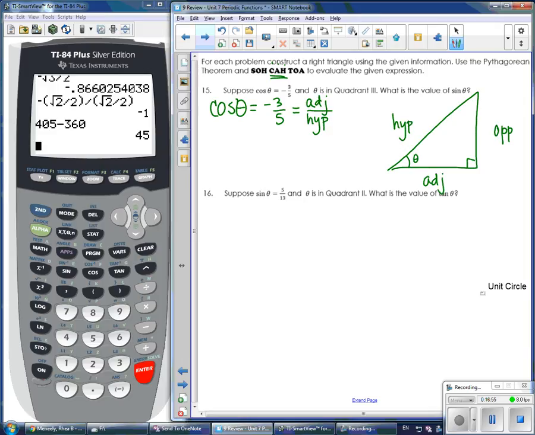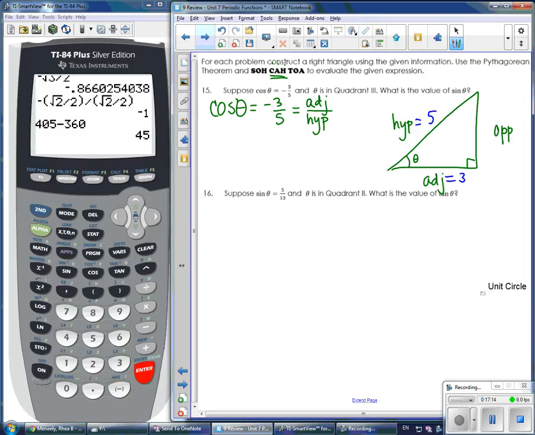I'm going to ignore the negative for a minute. Basically, that tells me that the adjacent side is going to have a value of 3, and my hypotenuse is going to have a value of 5. So let's figure out the value of my opposite side. To do this, I'm going to use the Pythagorean Theorem.